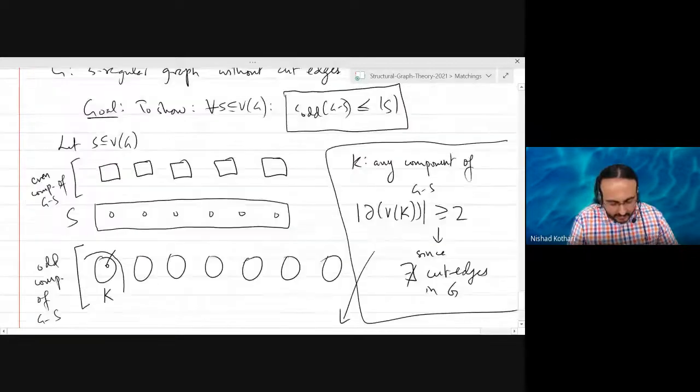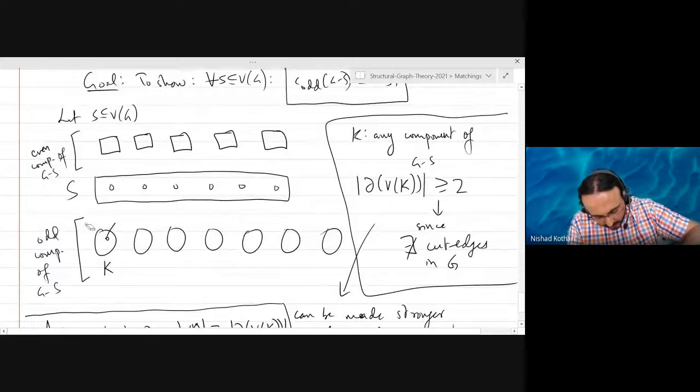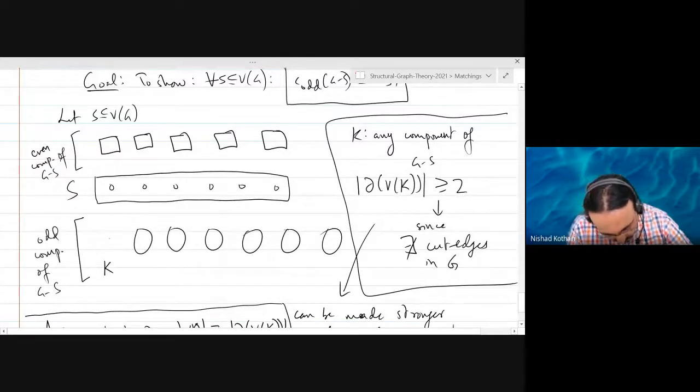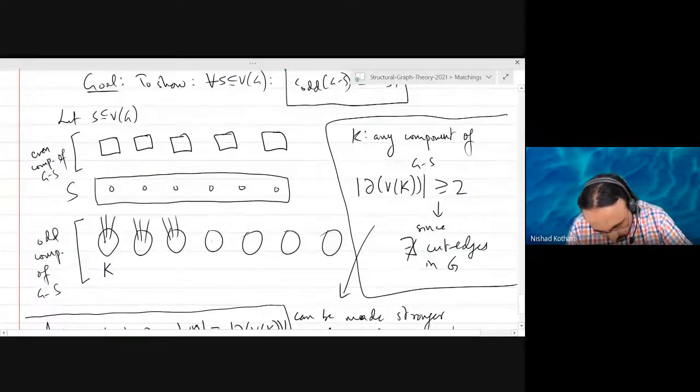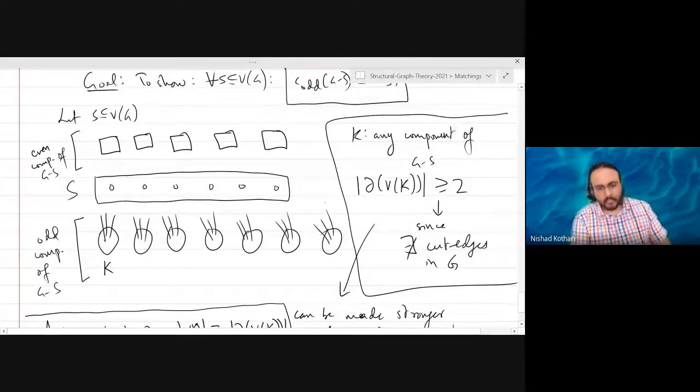So for each odd component here, we are going to have at least 3 edges coming out. Good. Where are these edges going? They are going into S, right? All of these edges are coming out of some odd component and they are going into the set S.